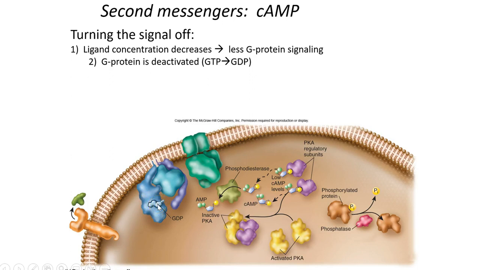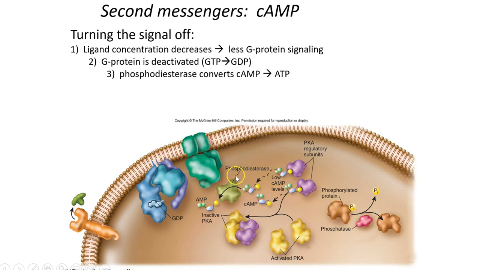So that turns itself off, basically. If there's nothing keeping it on, it'll turn itself off. And then that alpha subunit with GDP binds back to beta gamma, and that now turns this off. And so when the G protein is off, it is no longer able to activate the adenylyl cyclase, and now the rest of this is also off. We're no longer turning the rest of this pathway on.